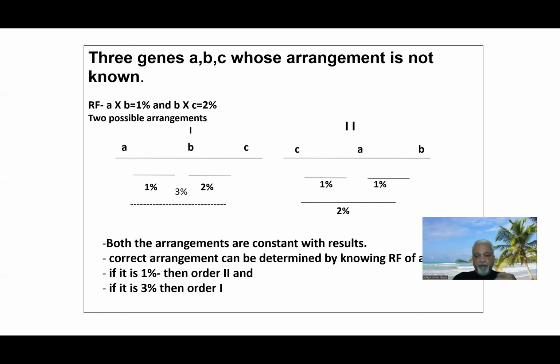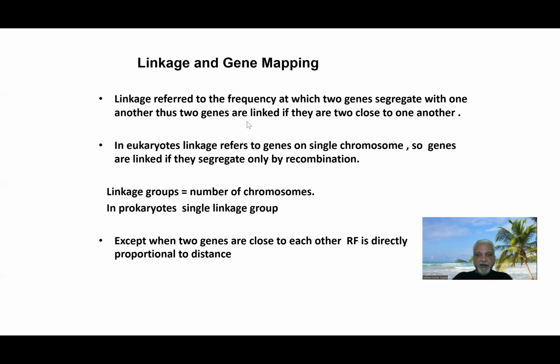Now, if we consider another factor, that is linkage. Linkage is a concept from eukaryotes, and of course, all these things which I'm talking about have a root in eukaryotic genetics.